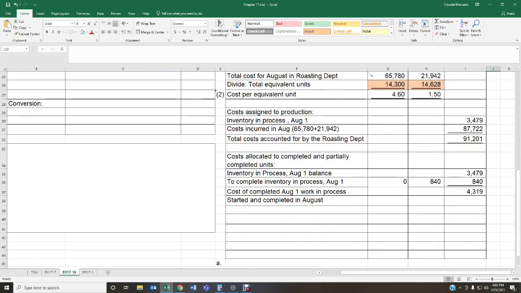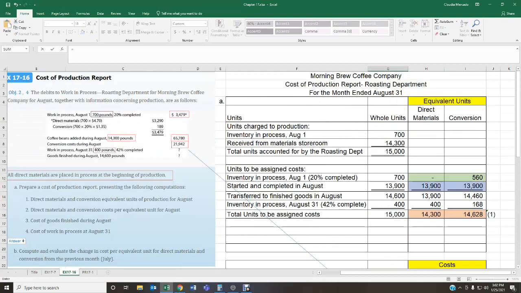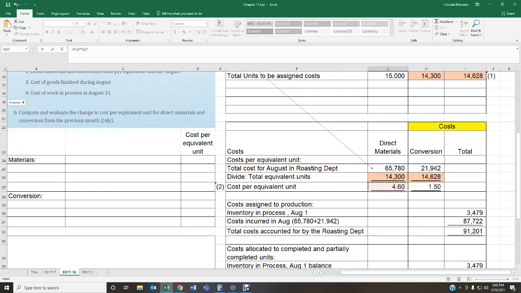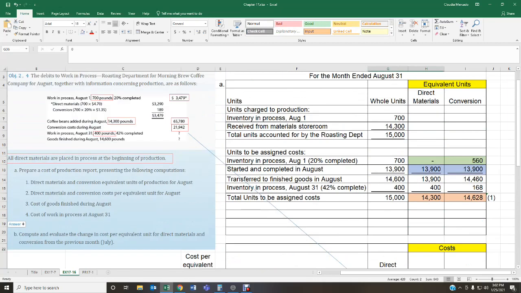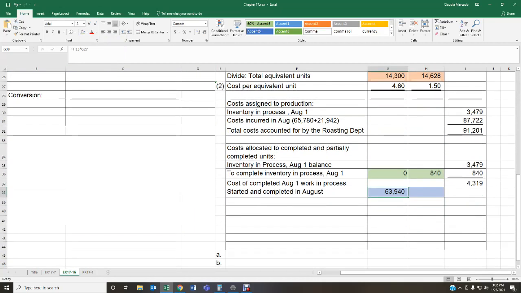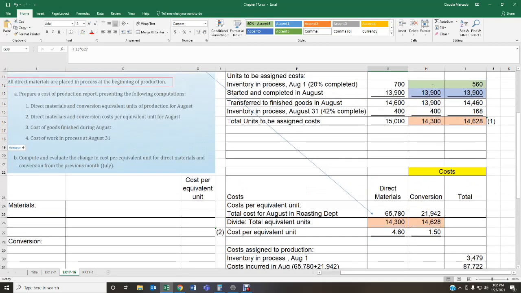Okay, so the first one we have started and completed in August, and this is for direct materials. That is going to be your 13,900 times your 460. That gives me 63,940. Okay, so these numbers are blue, and then these numbers are green. That way you know where we're getting these numbers. So these numbers tie back to these numbers multiplied by your cost per equivalent unit.